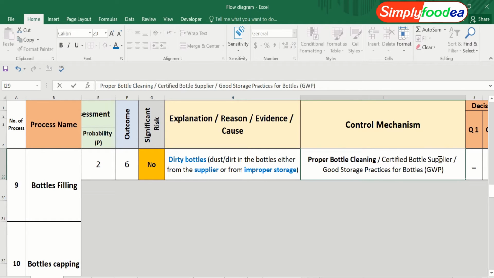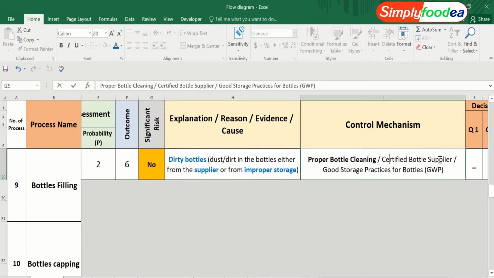We make a supplier audit on this packaging material, which is primary packaging material. There are two types of packaging materials, primary and secondary. The primary is in direct contact with our food, and the secondary is the outer packaging material, like the boxes and cartons.